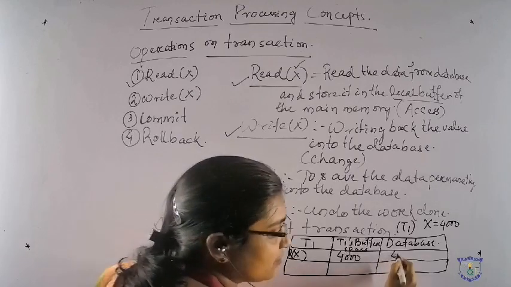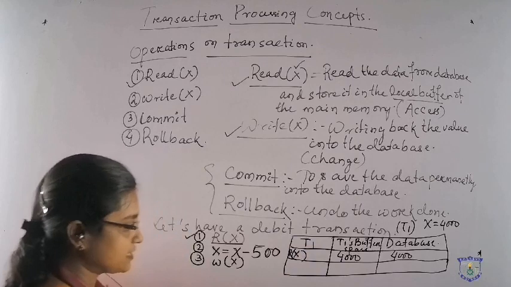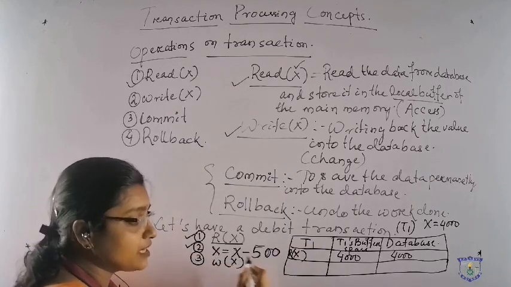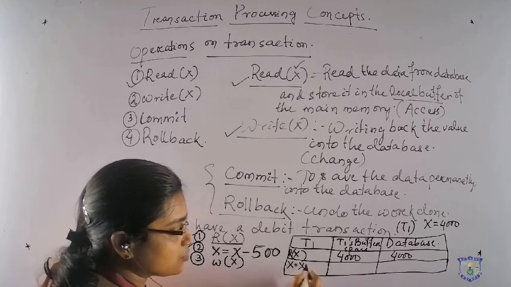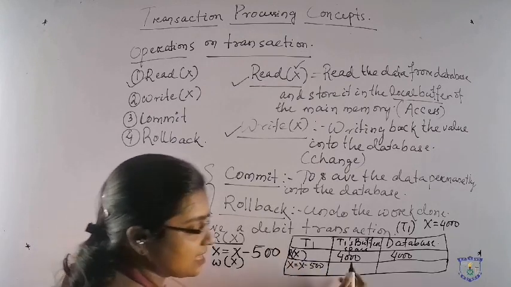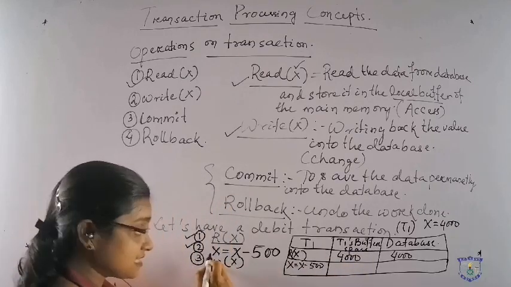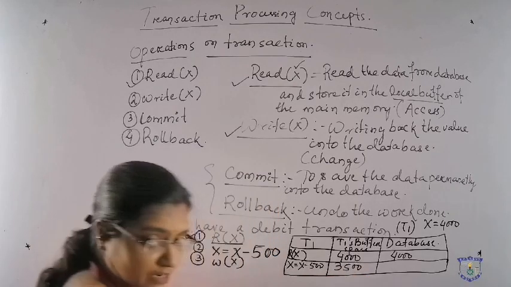Now the database value is also 4000 and this value gets copied into T1's buffer space. Moving on to the second step. Second step means 500 will get deducted from the amount of X. X = X - 500. Now what will be the value in the buffer space? In step 2, the buffer space value will be 3500.